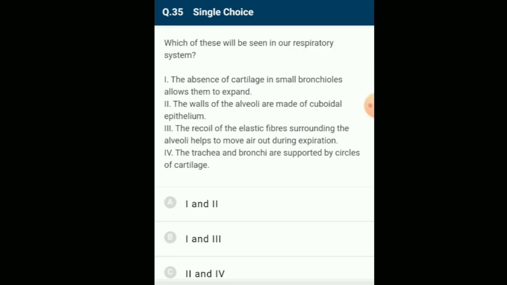Alveolar walls contain elastic fibers which stretch during inspiration and recoil during expiration to help force out air. This elasticity allows alveoli to expand according to the volume of air breathed in. So the answer for this question is option B. From the given statements, statements 1 and 3 will be seen in our respiratory system.